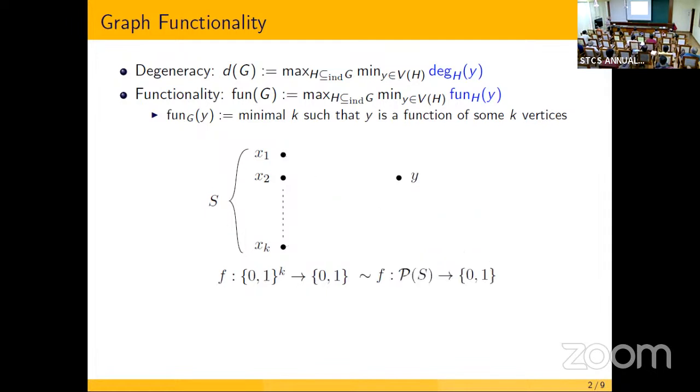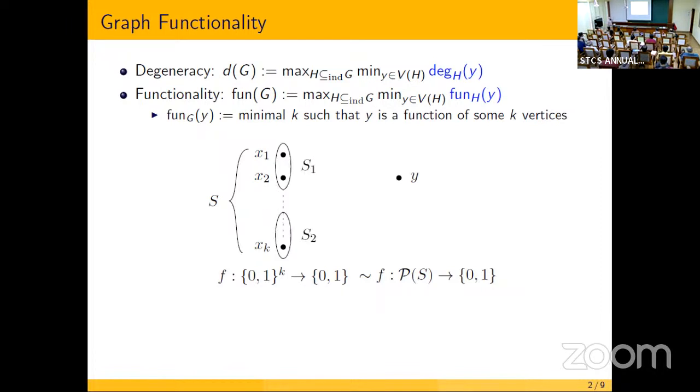So how does this look in a combinatorial way? We can interpret the function f also as a function from all subsets of S to {0, 1}, taking the 0, 1 vector on k vertices as the characteristic vector of the subset. The graph looks like this.